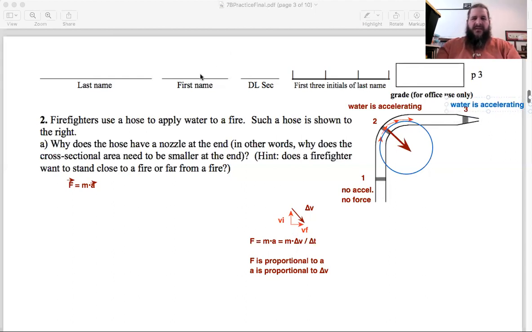Because keep in mind, acceleration can mean several different things. Accelerating might mean it's changing how fast it's going, or accelerating might mean it's changing direction. So at location 2, we said the water was accelerating because it's changing direction. At location 3, we say the water is accelerating because it's changing speed. It's changing how fast it's traveling.